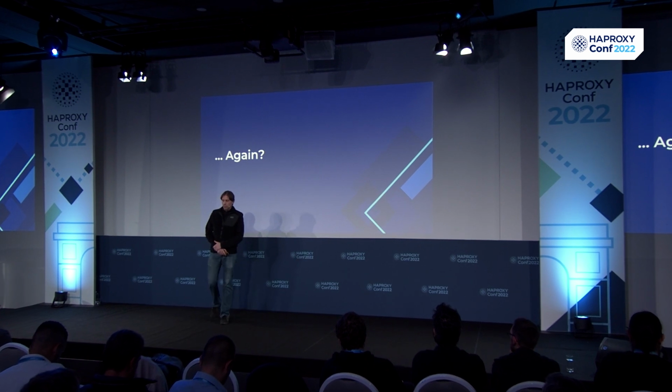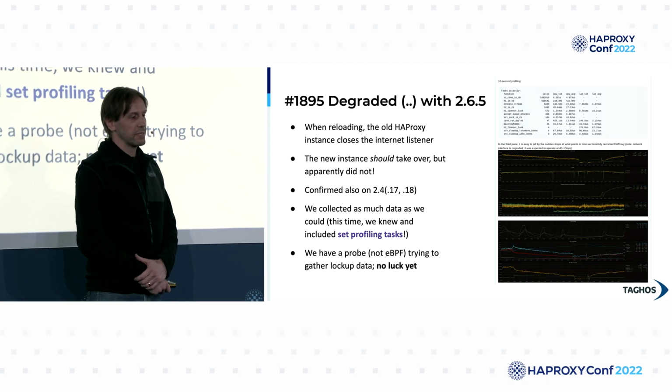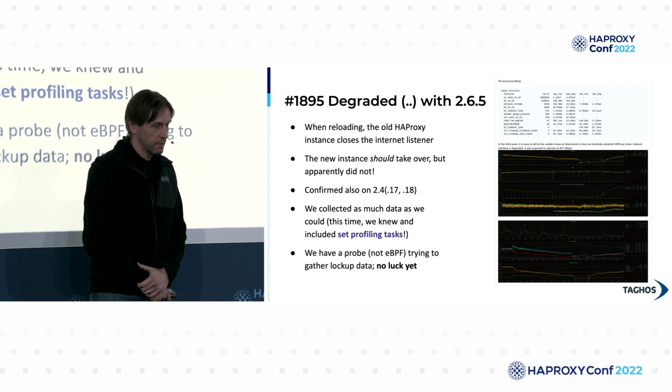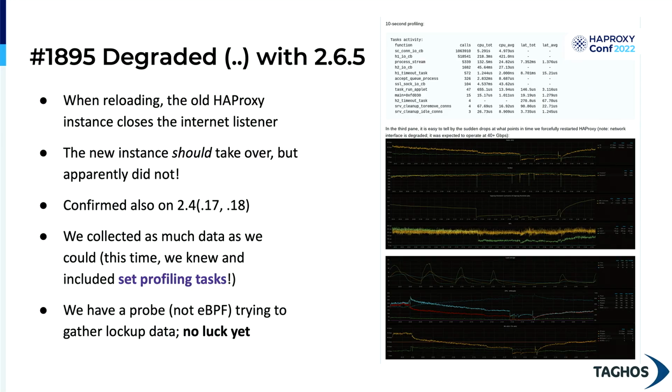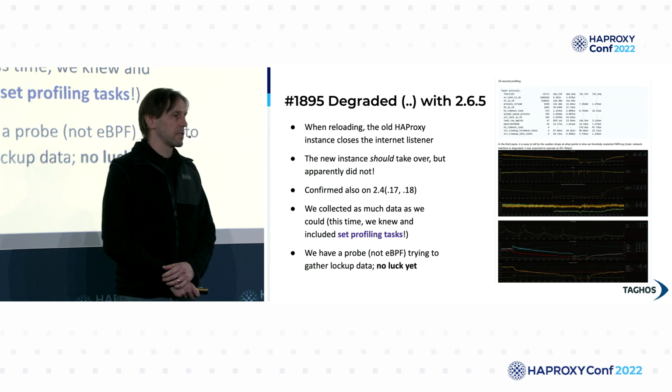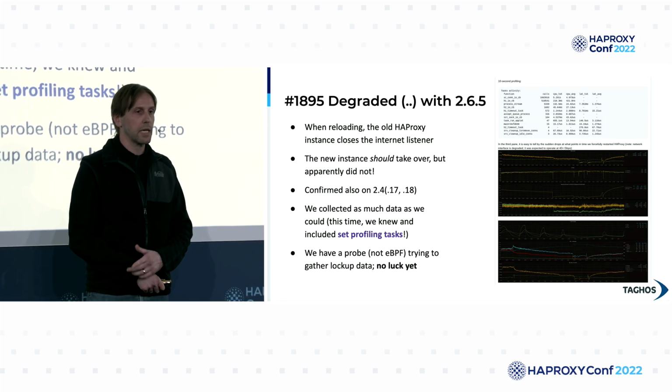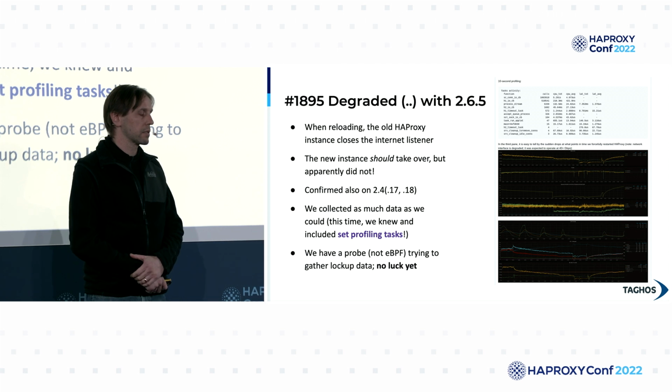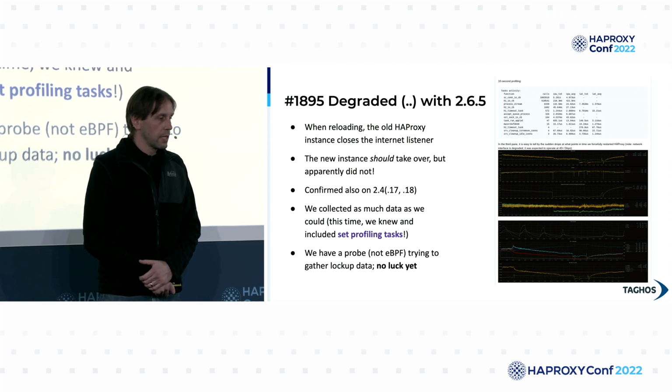And here's the last one, a very recent case, still open, and even more complicated for us. We rolled out 265. Usually our HAProxy instances are reloaded many times per day, both front end and back end.